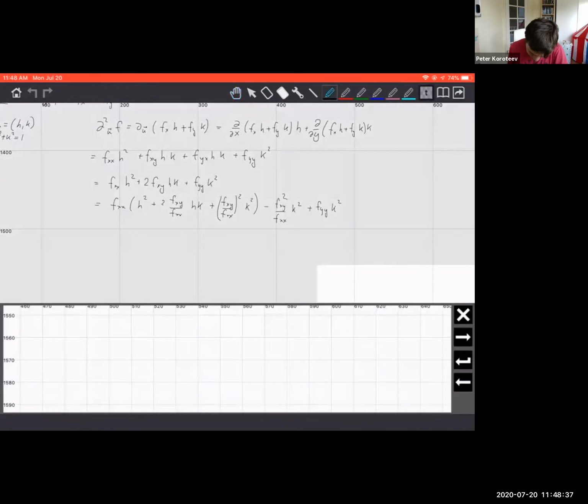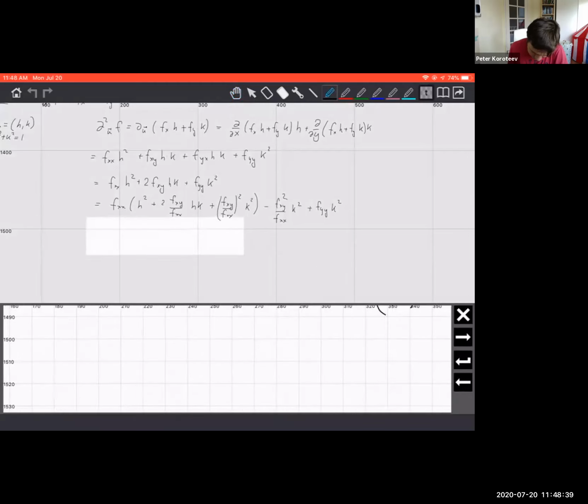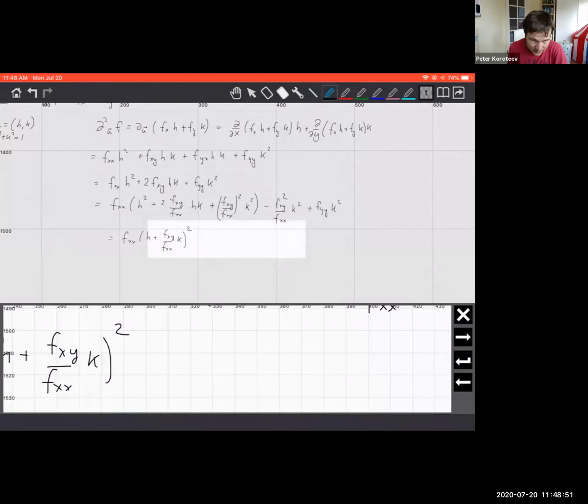So now we can bring them together. It's fxx times (h plus fxy over fxx k) everything squared, and then plus k squared over fxx, and here also we bring it together.